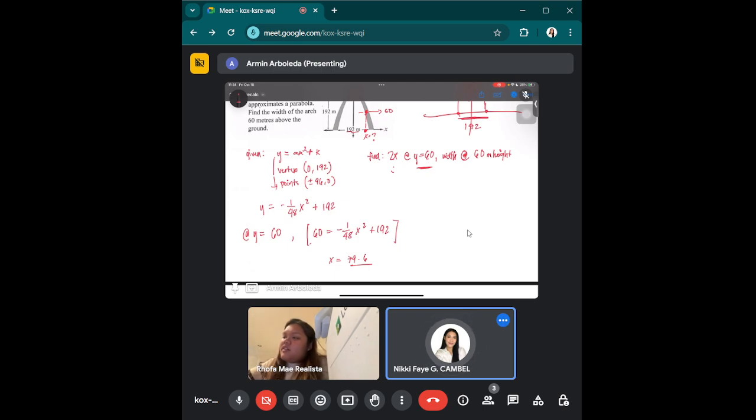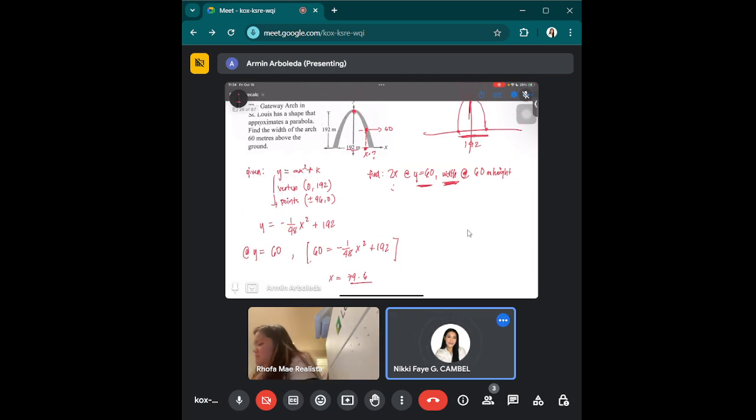So that is your x only. But you're asked the width, right? So the x is right about here, that's 79.6. But you also have to get the other side because you're being asked the width of this one at 60. So what are you gonna do with the x?